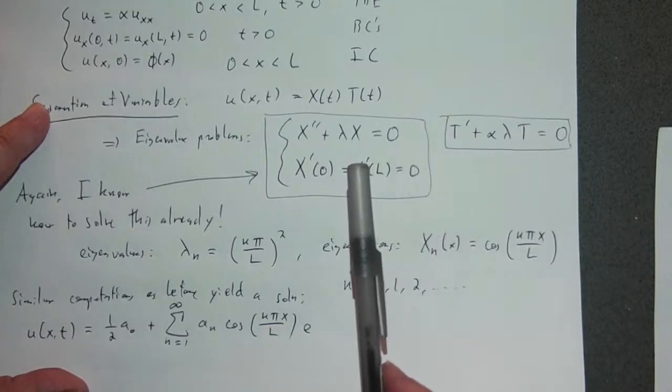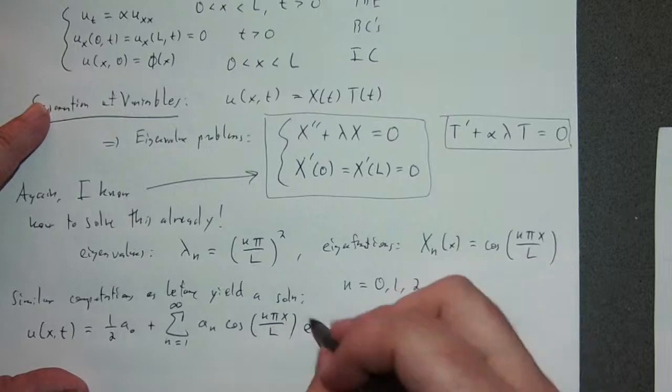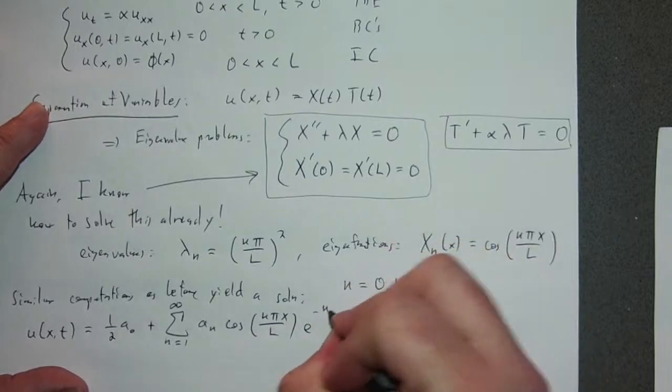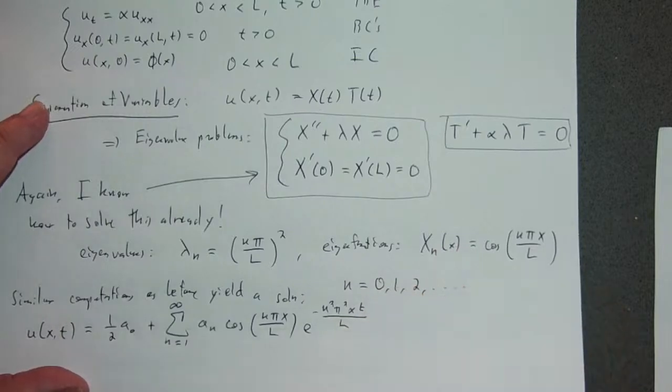So this is e to the minus n pi over L squared times alpha t. So this is e to the minus n squared pi squared alpha t over L squared. Okay, as usual.